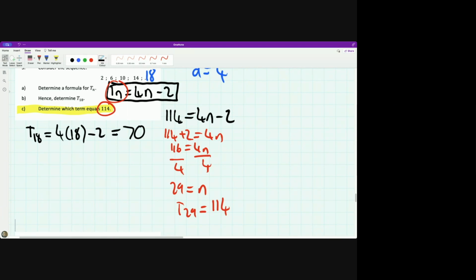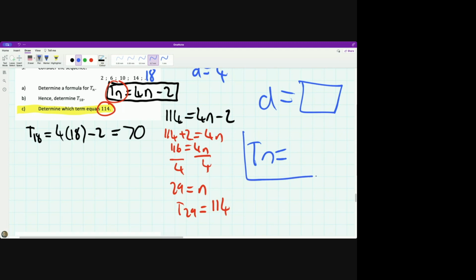The arithmetic one we focused on a lot now, and the key idea with this type of number pattern is we always have a constant difference, which is either a positive or negative number, and then we use the Tn notation to describe it, and then often we have to figure out a number using the formula, and then often the last question is we work backwards.